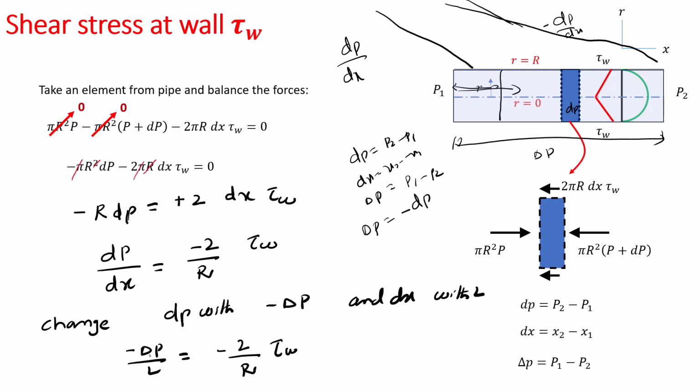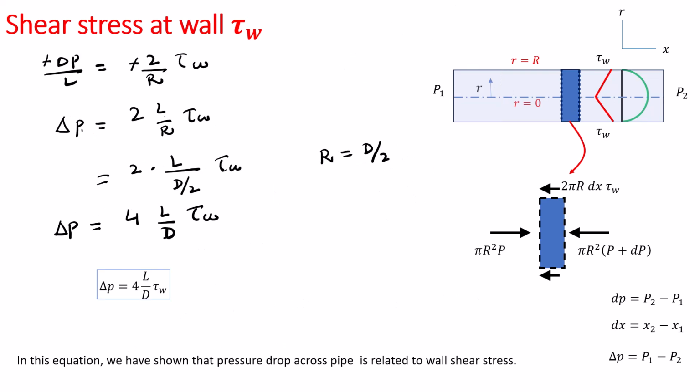So this will be minus dP, divided by the length, x will be changed to the length L, and minus 2 upon r tau w. So the minus sign will be cancelled out, and we get delta P equal to positive 2 L by R tau w.